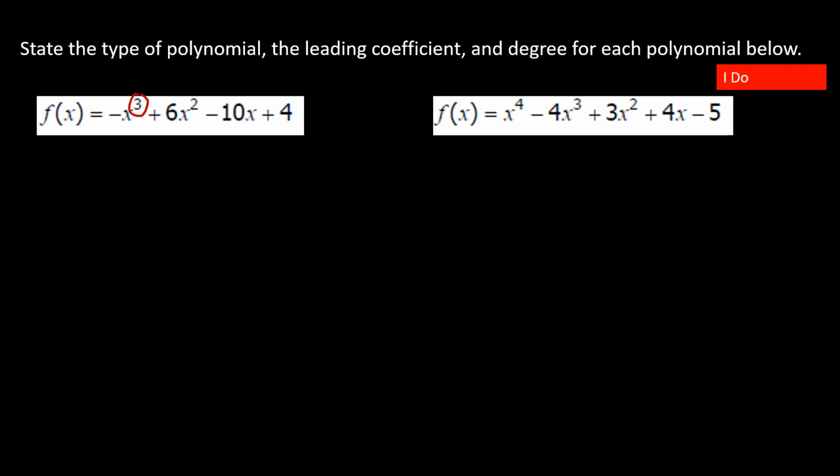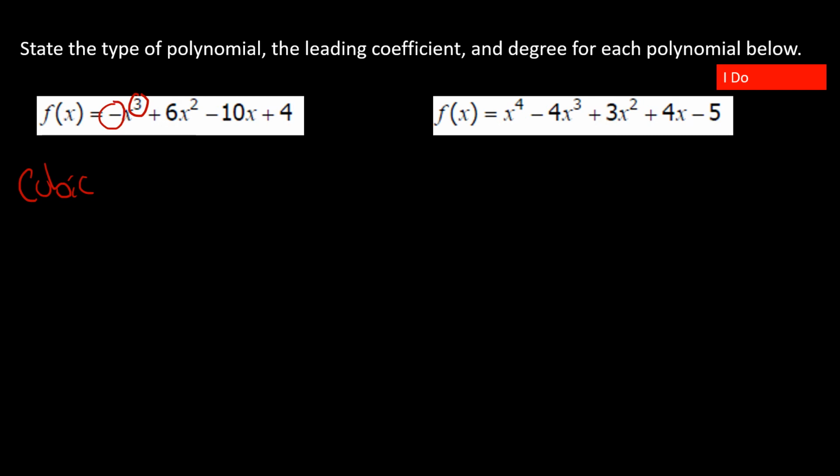We know that if we start off, we could have constant, linear, quadratic would be x squared, but we go up to the third power. So a third power means that this is cubic. This is the type of polynomial we have. It's a cubic polynomial.